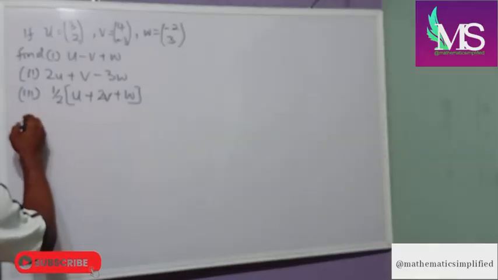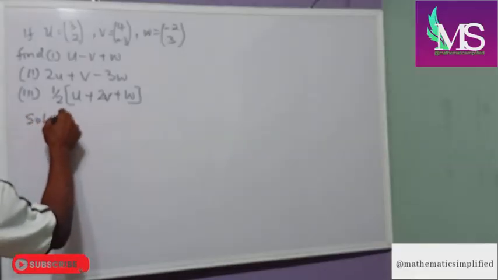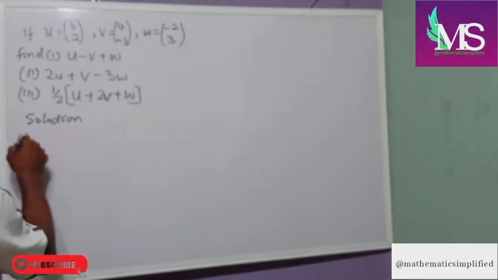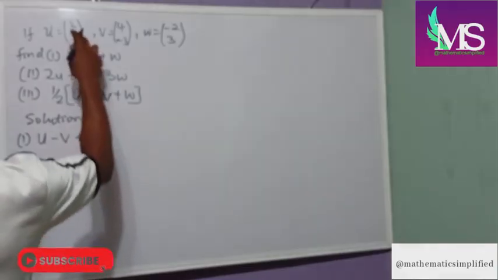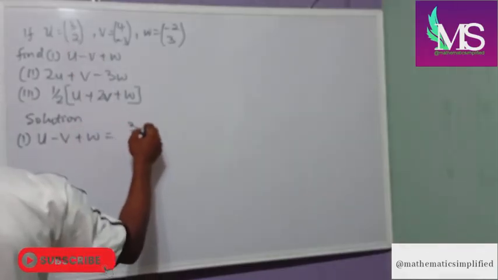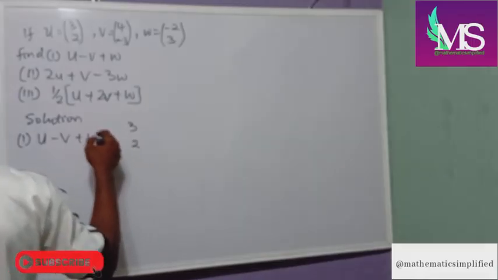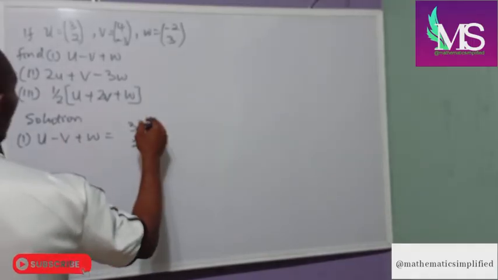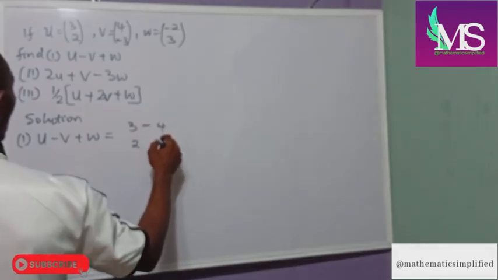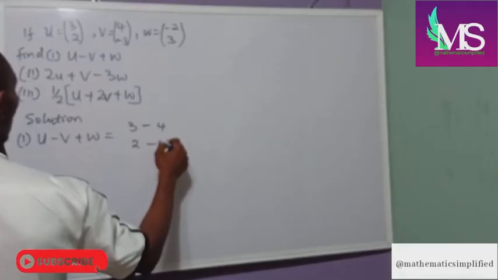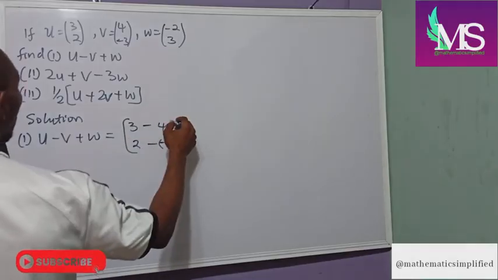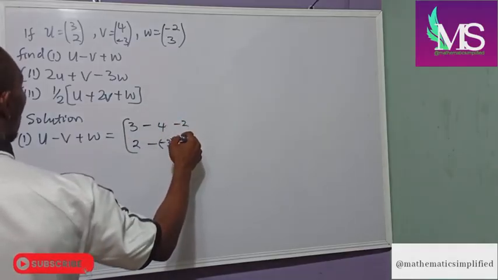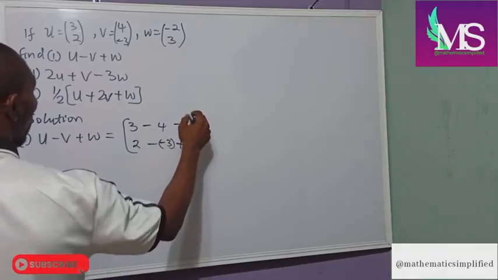Now, in solving this, for part 1, u minus v plus w, our value for u will be (3, 2), the value for v will be (-4, -3), and the value for w will be (-2, 3).